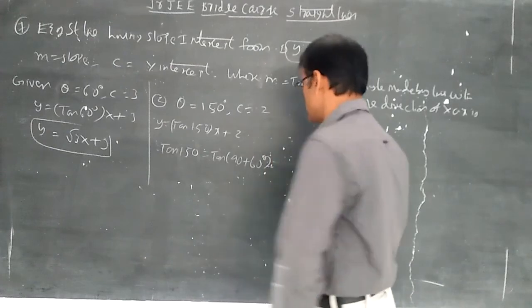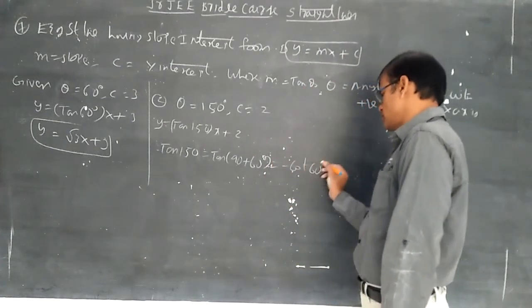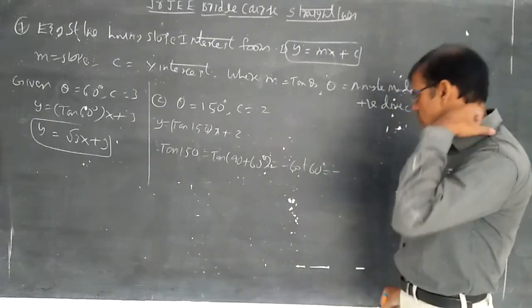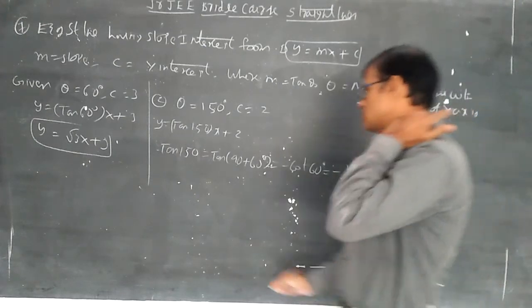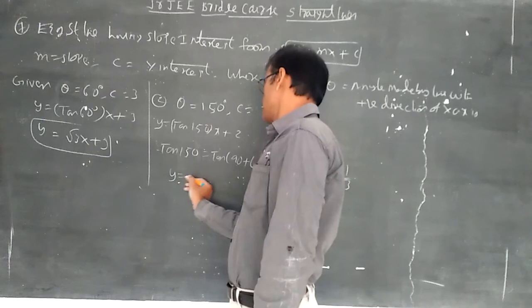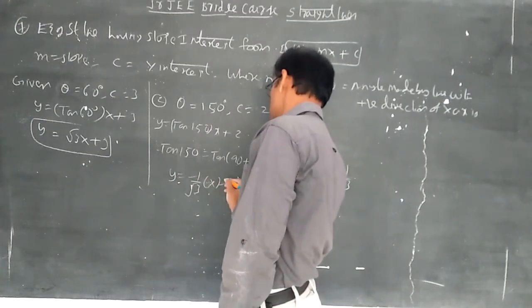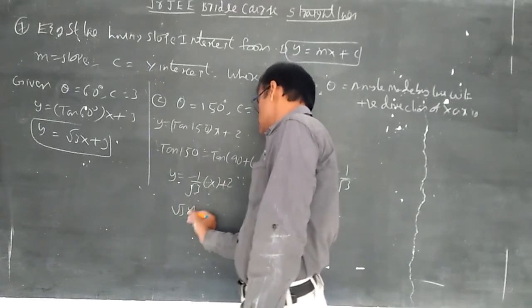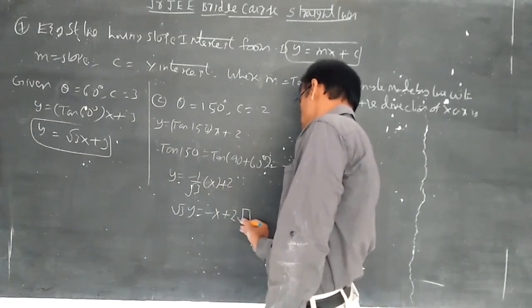Whenever 90 is there, trigonometric functions change into their respective co-functions. It becomes minus cot 60, the value minus 1 by root 3. So y is equal to minus 1 by root 3 into x plus 2. Taking LCM, it becomes root 3 y is equal to minus x plus 2 root 3.